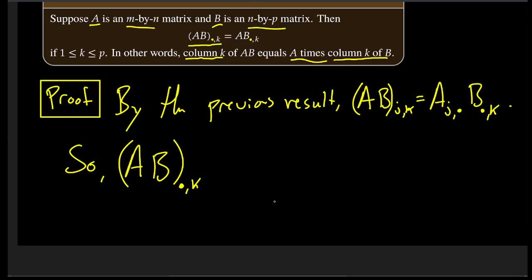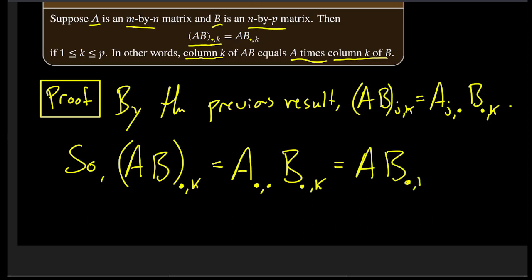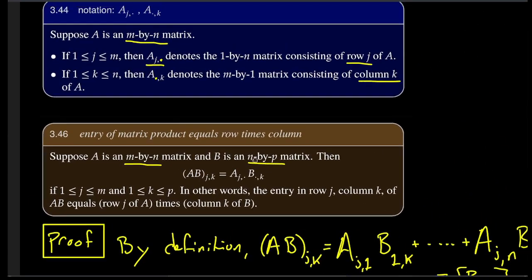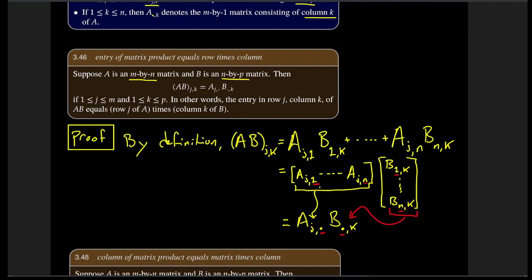Let's just take that j and replace it with a dot. This is A_{·,·} B_{·,k}. But if I range over both rows and columns, that's just A. That's all of it, right? Hey, how about that? Kind of cool. All right, let's see what else we can do now that we've got some nice notation and some basic results about how breaking a matrix down into columns and rows lets us say things about its product.